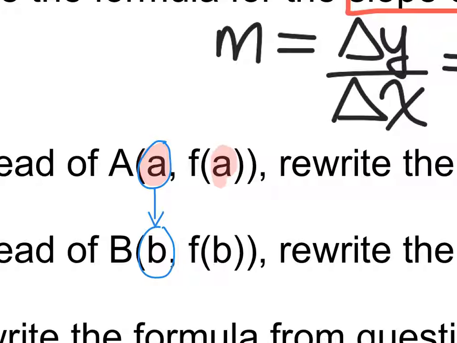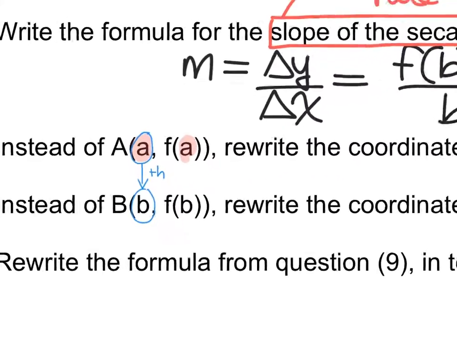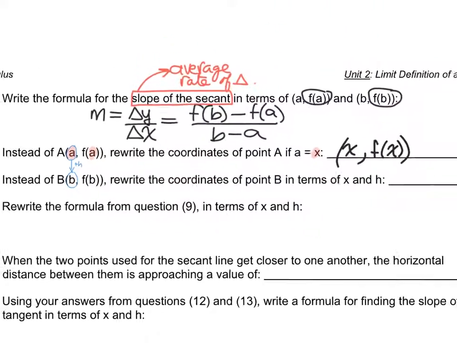In each row, you had an A value and a B value. You add the distance between them, which is h. So we're taking whatever our x value is and adding h to it, and that gives us our b value.